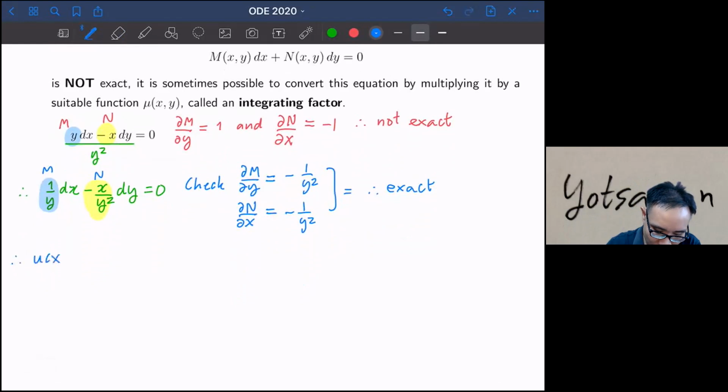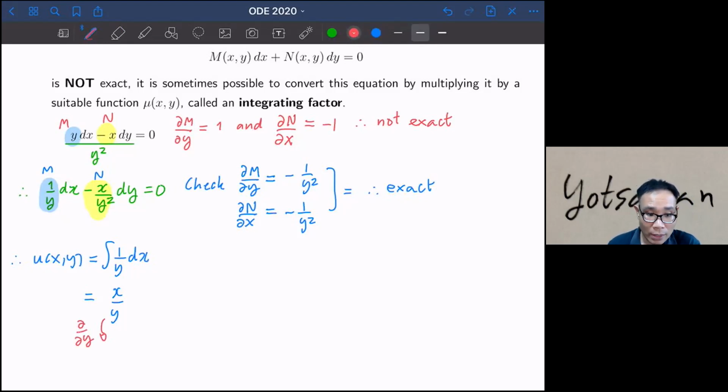So you have u(x,y) given by integrating 1 over y dx. When you integrate 1 over y dx, it will be x over y. Then you differentiate with respect to y, because you integrated with respect to x.